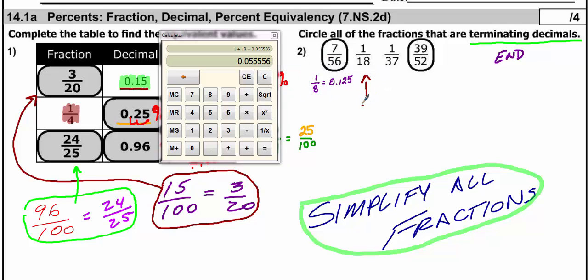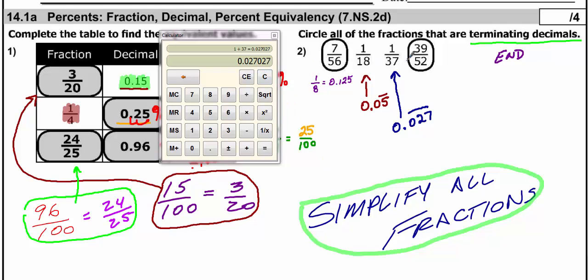That is 0.05 with a line over that 5 that goes on forever. Similarly, 1 divided by 37, that also gives us something that goes on forever. In this case, we have 0.027, and the 0, 2, 7 all repeats. We put our line over the top of that.